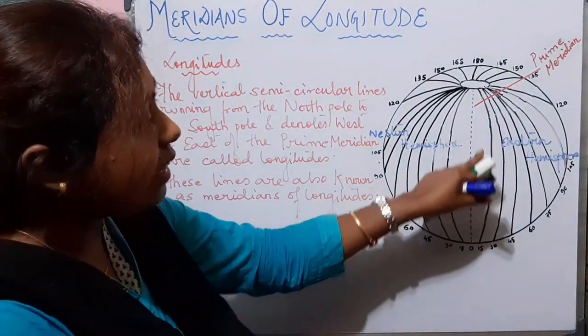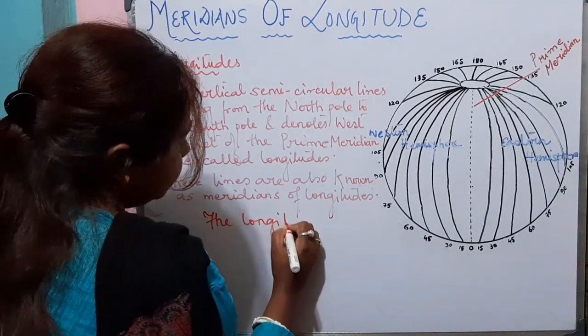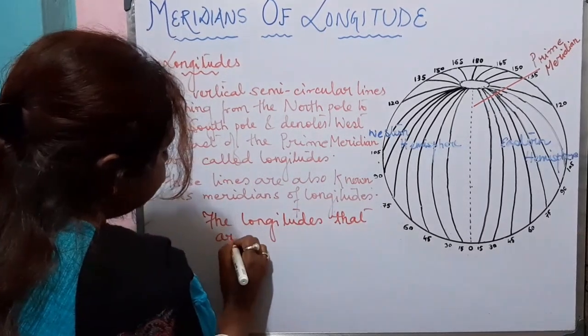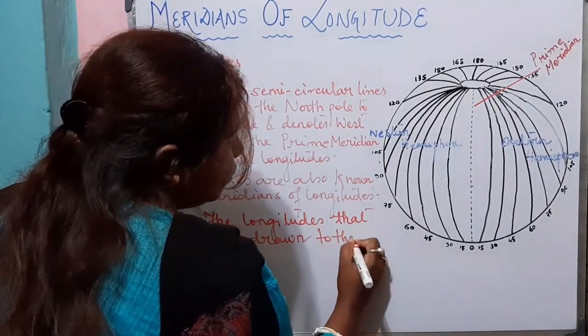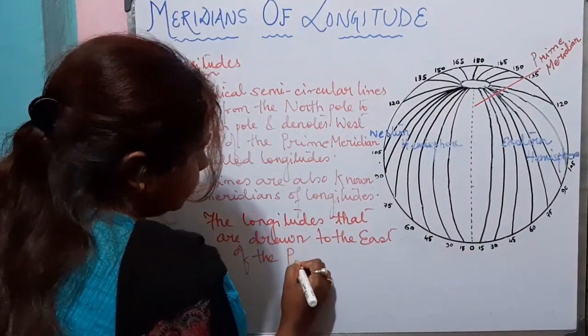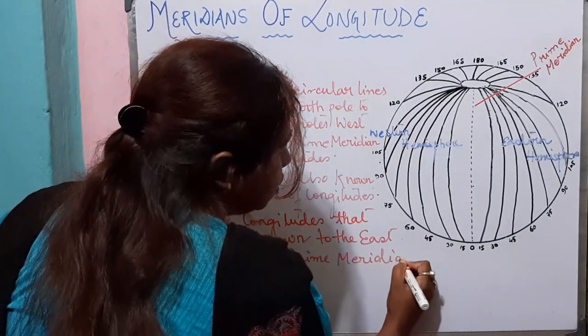Now we will see that the longitudes that are drawn to the east of the prime meridian are called what?